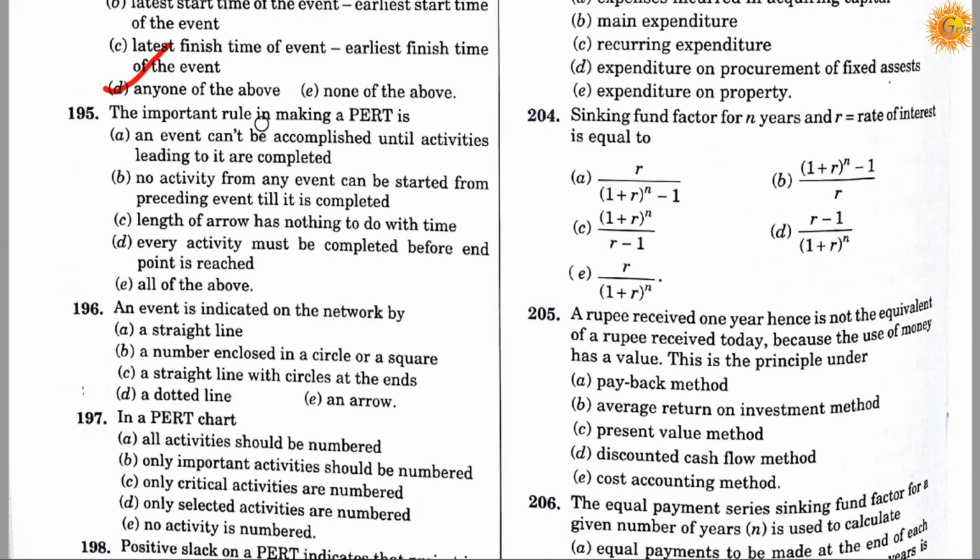Question number 195. The important rule in making a PERT is: option A, an event can't be accomplished until activities leading to it are completed. Option B, no activity from any event can be started from preceding event till it is completed. Option C, length of arrow has nothing to do with time. Option D, every activity must be completed before endpoint is reached, and option E, all of the above.